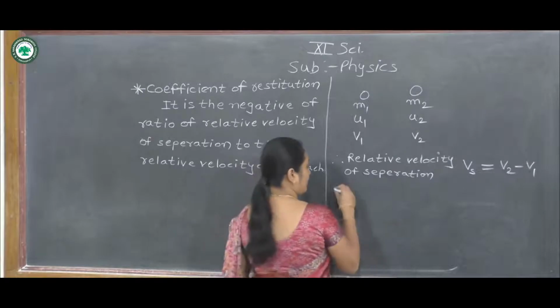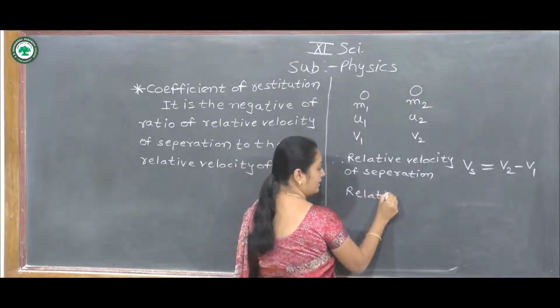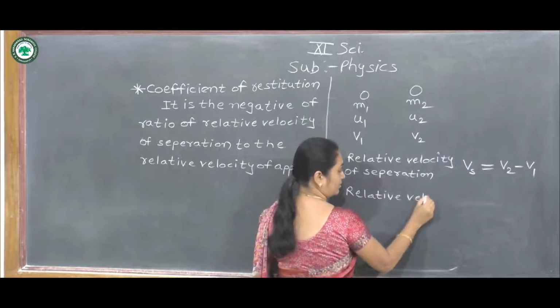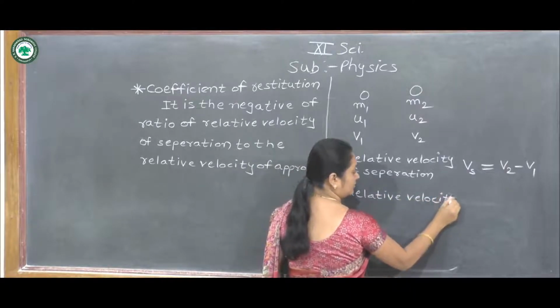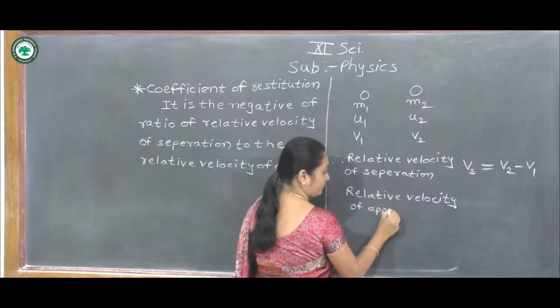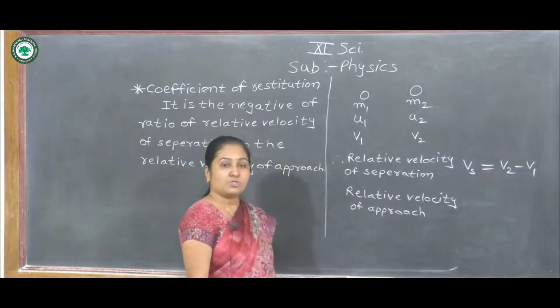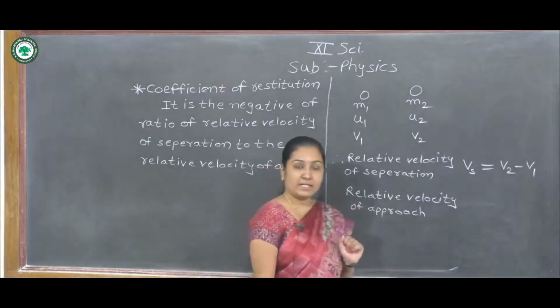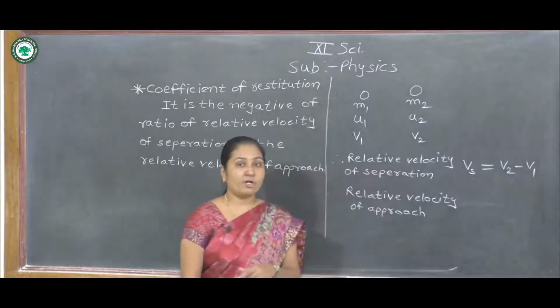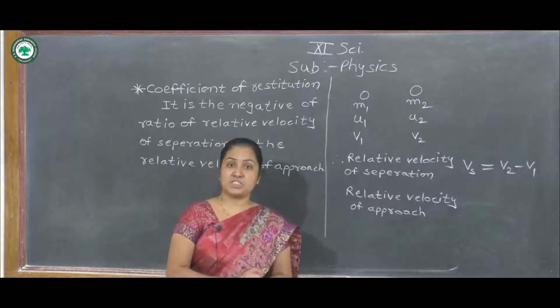Similarly, we have to find the relative velocity of approach. This velocity is the initial velocity, or before collision, when the two objects approach each other.